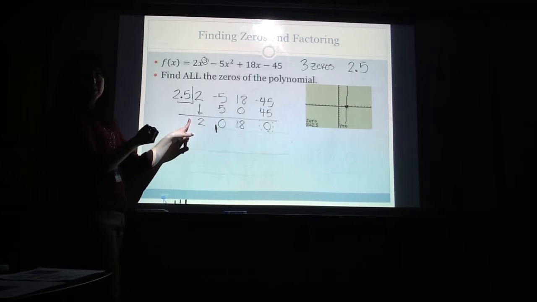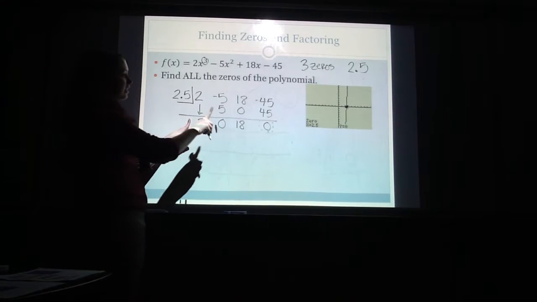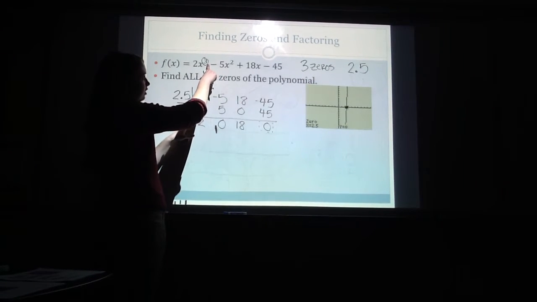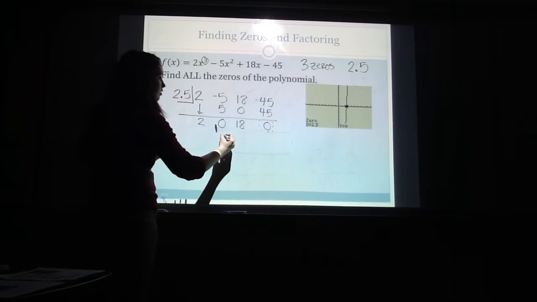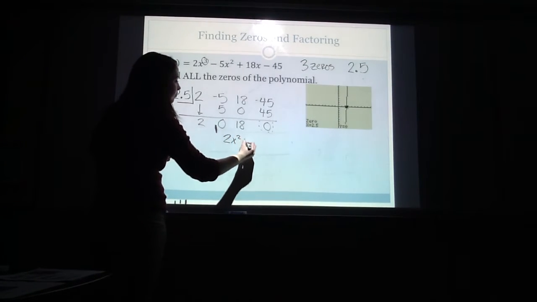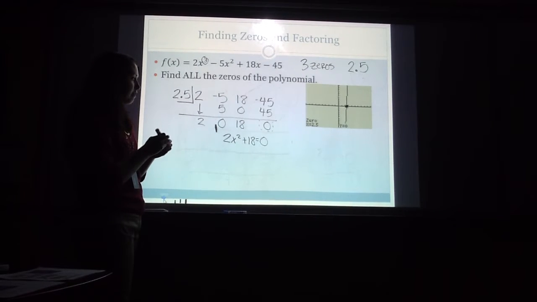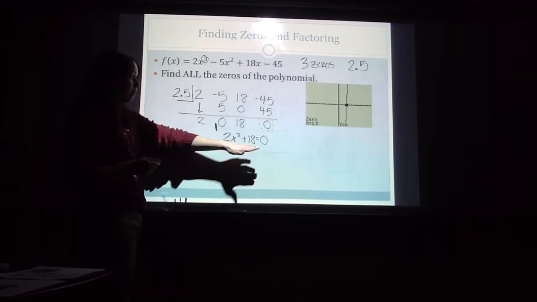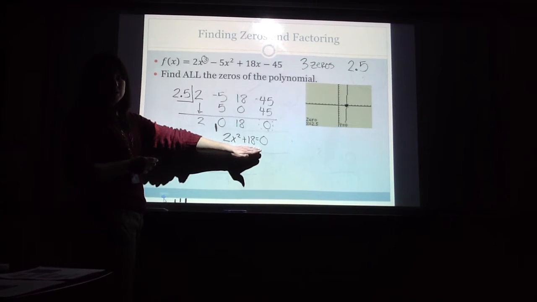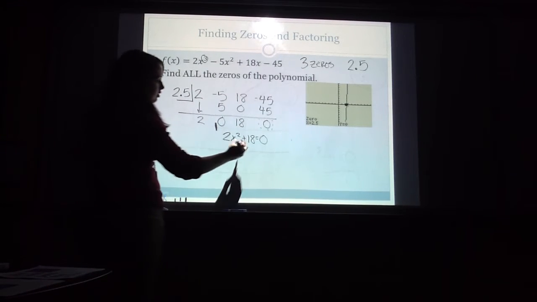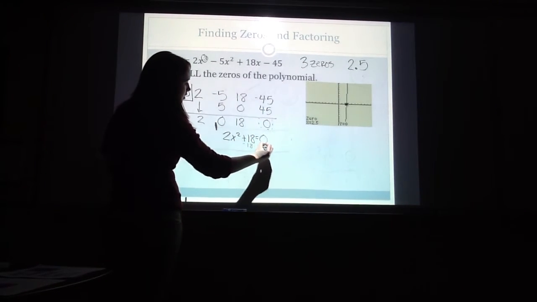And now I've gotten it down to a quadratic. That one only took 1 time to get down to a quadratic because it started as a third degree. Now it's a second degree. So now I have 2x squared plus 18. And I'm going to set that equal to 0 to find my imaginary zeros. So from here, sometimes you'll have to put it in quadratic formula. This one you don't have to. Just subtract 18 from both sides.